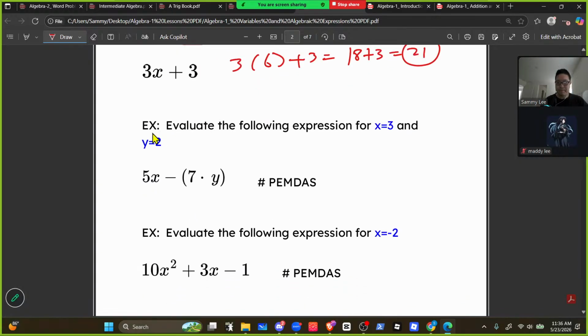How about this one? It says evaluate the following expression for x equals 3 and y equals 2. Something you need to be aware of, we haven't gone through this yet, but I'm pretty sure you've gone over it before, is PEMDAS, and what they're referring to is the order of operations. P stands for parentheses, then exponents, and given a set of operations involving multiplication and division, you're going left to right.